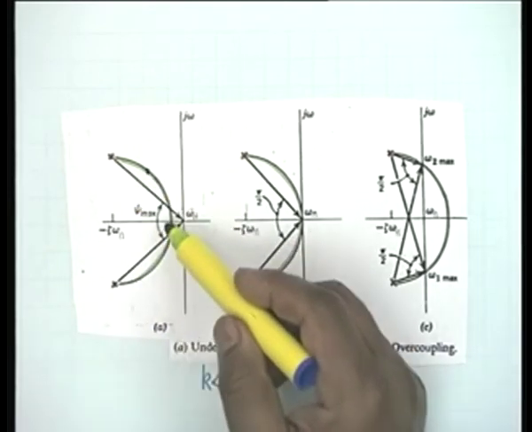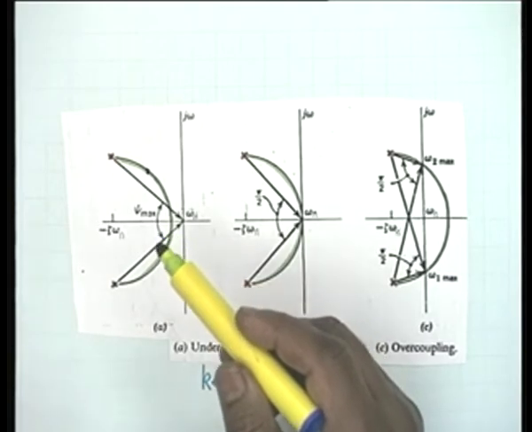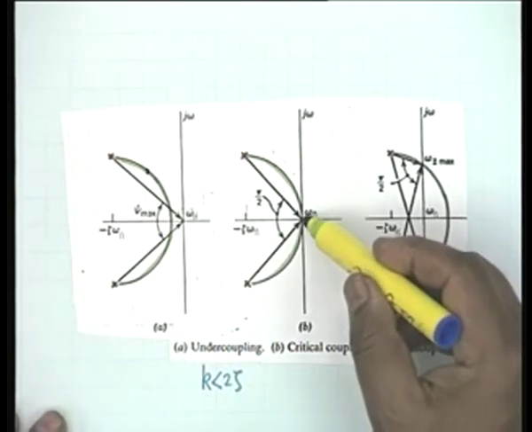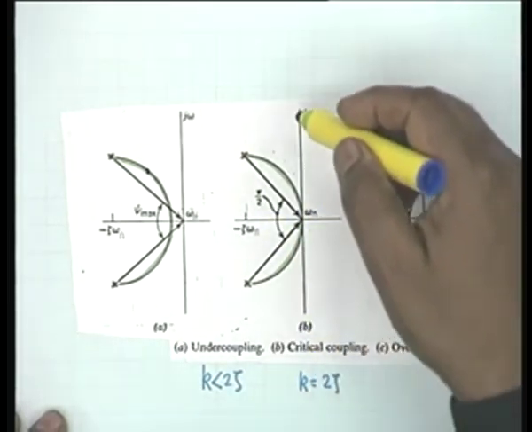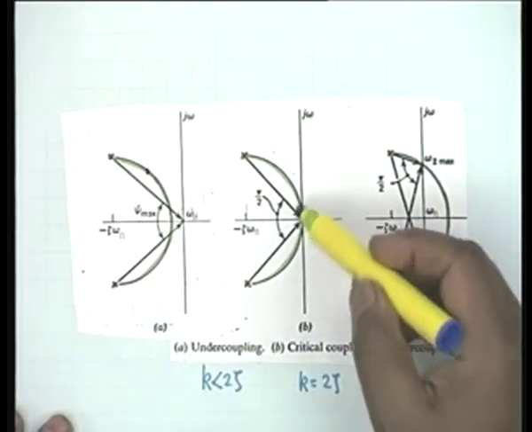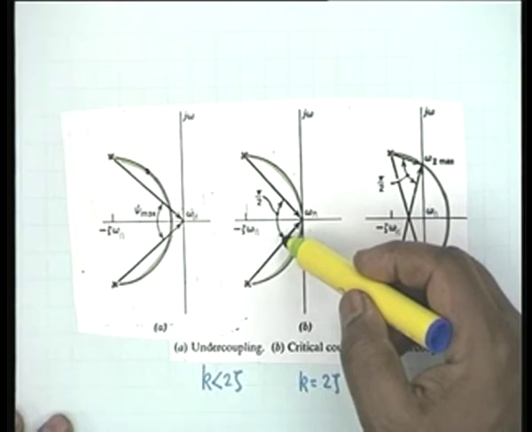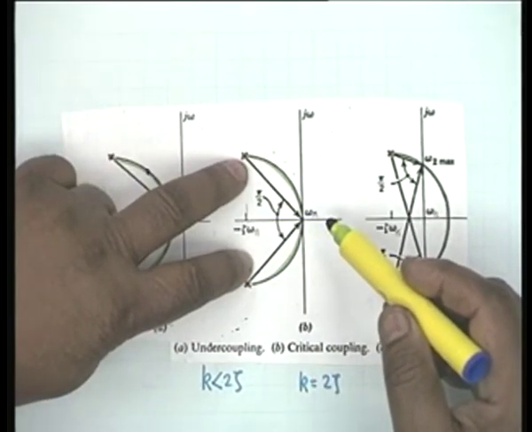So there would be a maximum, but this maximum value would not reach the highest possible value. The highest possible value is reached when k is exactly equal to 2 zeta, so that the peaking circle touches the j omega axis at just one point omega n, and this angle obviously is pi by 2, because it is an angle subtended by a diameter on the circumference.